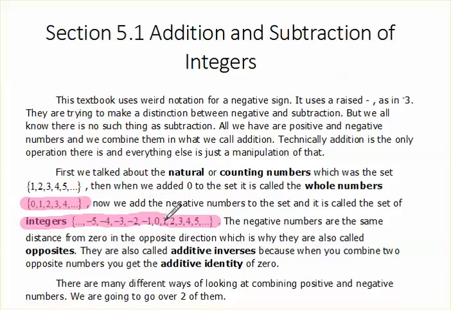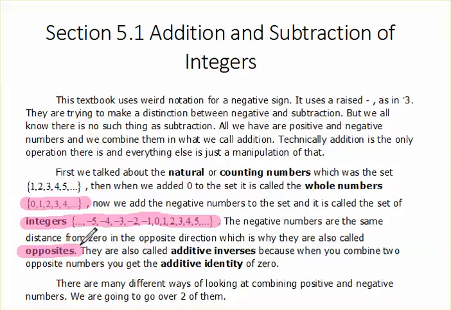You have 1 over here to the right, and then you have -1 over here to the left. You have 2, which is 2 away from 0 on the right, and then -2 is 2 away from 0 on the left. So these are opposites of each other. They're on the opposite side of 0, which is where we get the name, and we call them the opposites.